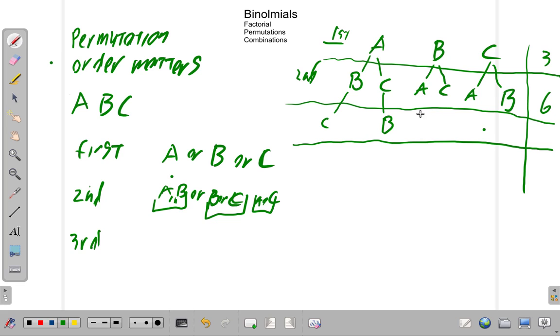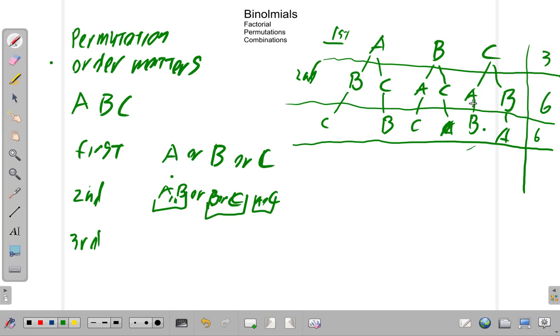You could have B, A, and then C, or B, C, and then A. You could have C, A, and then you have B, or C, B, then you have A. You have 1, 2, 3, 4, 5, 6 available. All right. You would have ABC, or ACB, or BAC, or BCA, or CAB, or CBA.